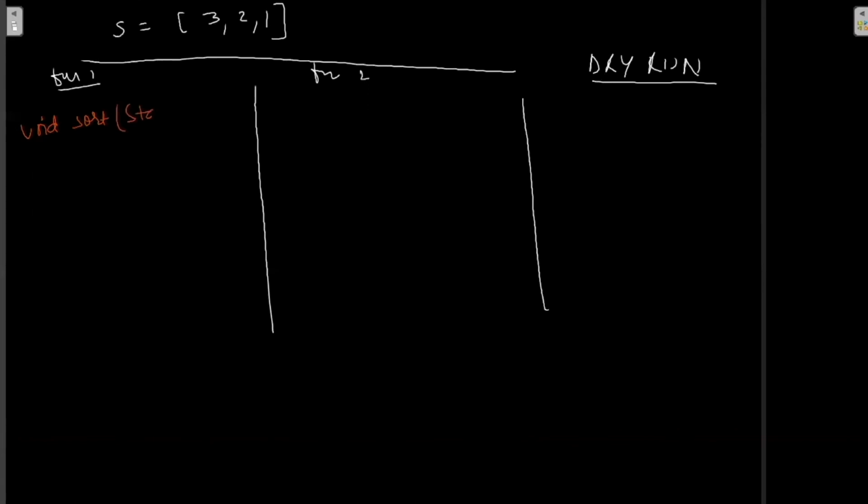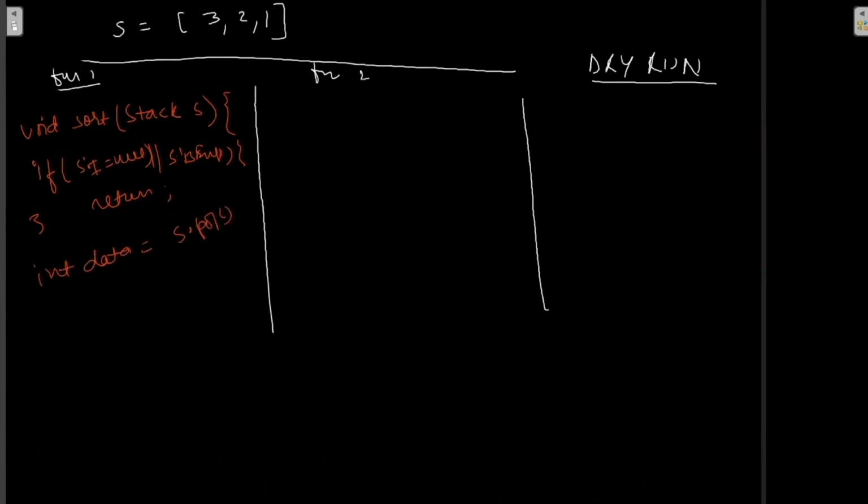It takes stack S. First condition is S equals null, or S is empty. In that case, return. Don't do anything. Okay, this is clear. And after that, I get data int, and I do sort, and then I call a function insert in order, and I pass S and I pass data. This is my first method.